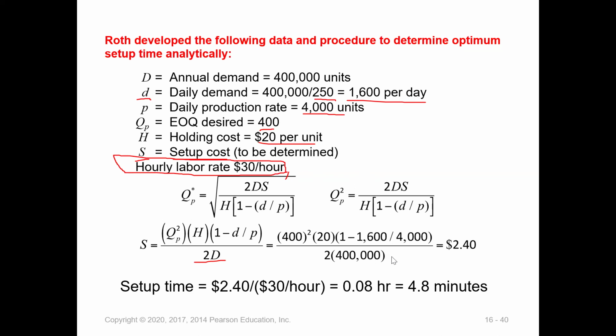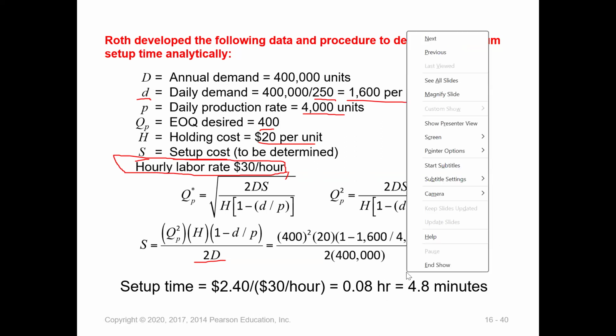It should be in minutes or hours. Okay, so setup time is equal to 2.4 divided by $30, which is 0.08 hours. Multiply the 0.08 times 60 minutes. This will give you 4.8 minutes.